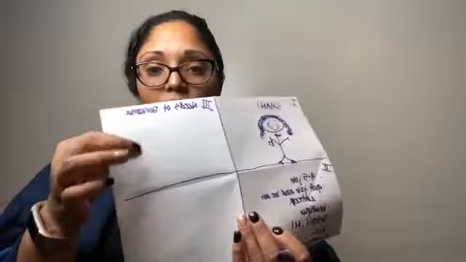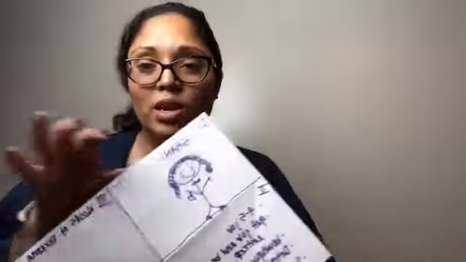In the third quadrant, I want you to list the needs of your persona. So third quadrant up here, what are the needs? Like, what does Shawnee need?